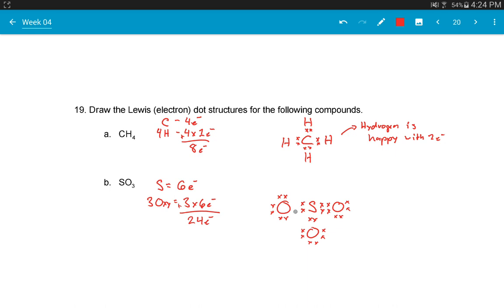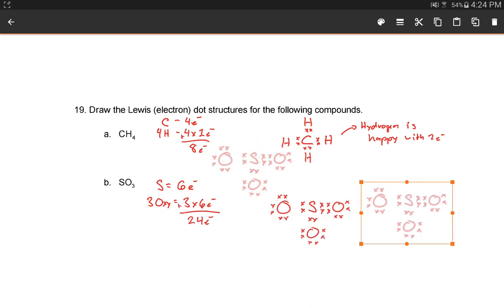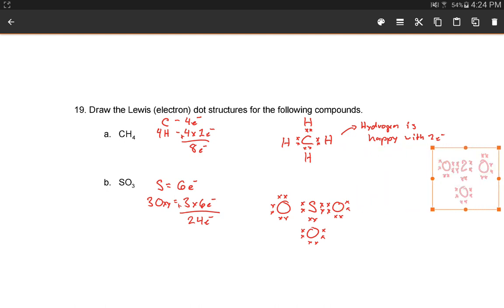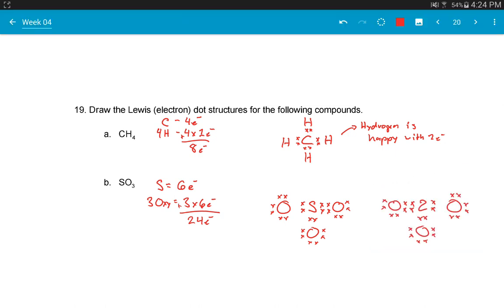Now, if you drew this so that the double bond went in a different direction, something like that, or if the double bond went down, these variations, called resonance structures, are also completely acceptable.